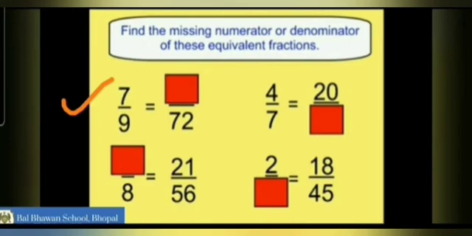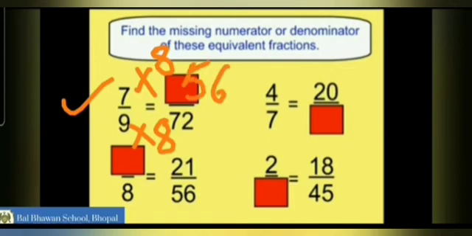For this, let me think about the table of 9. I know 9 8 times will give me 72. So, 8 only I am going to multiply in the numerator as well. 7 8 is 56. So, over here I am getting 56.